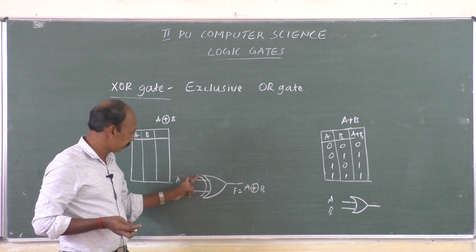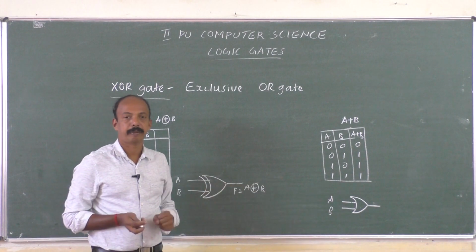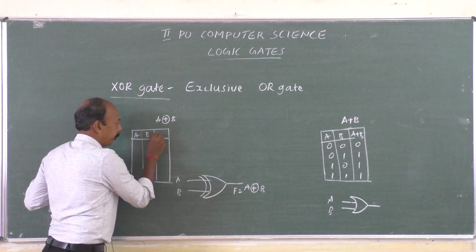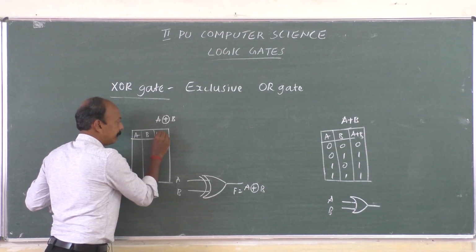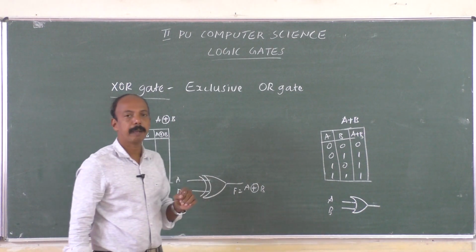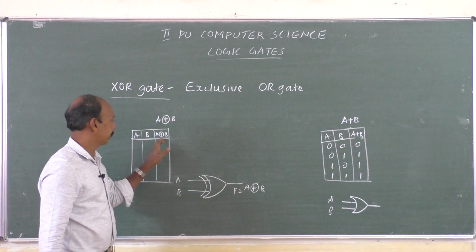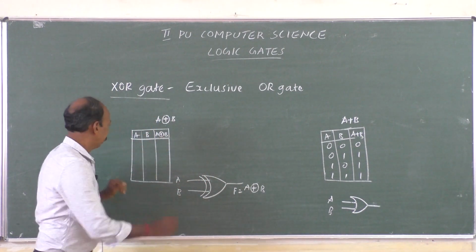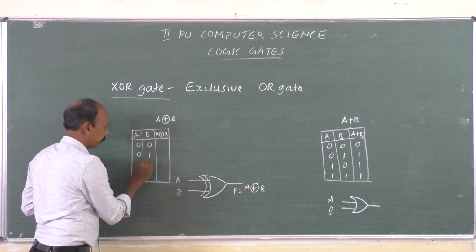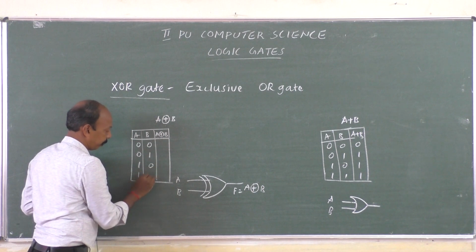If we don't draw this curved line, it becomes OR. Now the representation we know: F is equal to A plus, written inside the circle, B. Combinations we shall write: 0, 0, 0, 1, 1, 0, 1, 1.